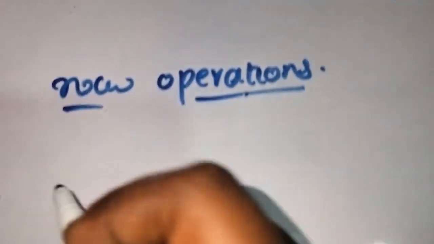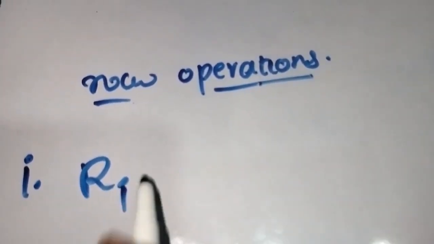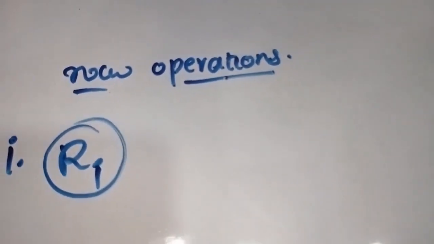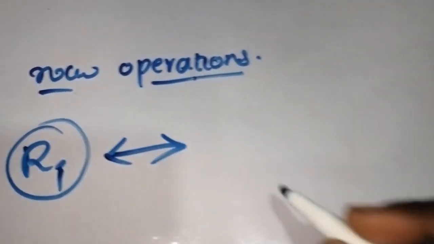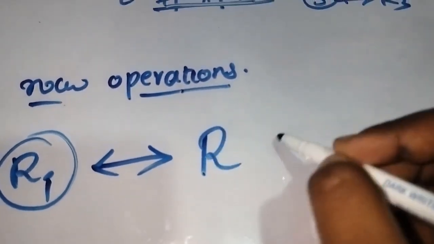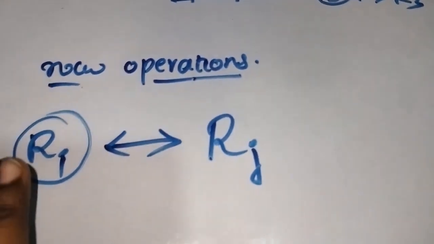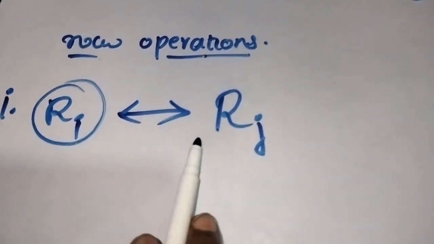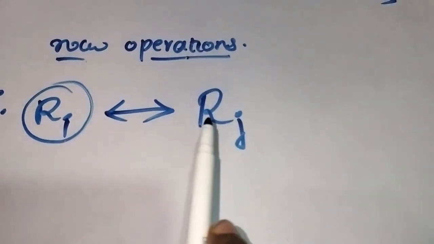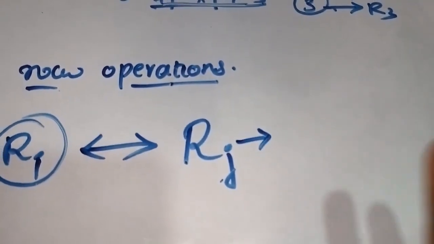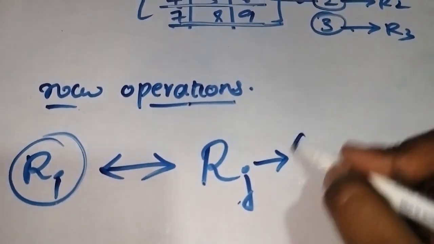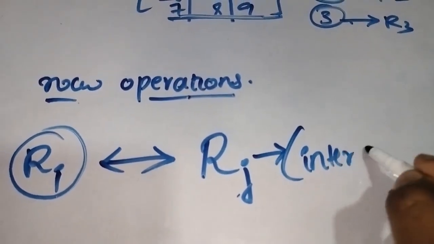Case 1: Ri, any row of a given matrix, can be interchanged with any other row of the matrix.